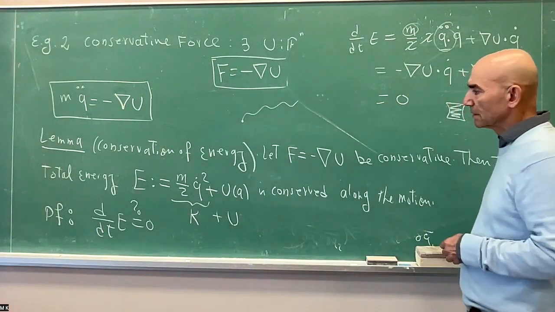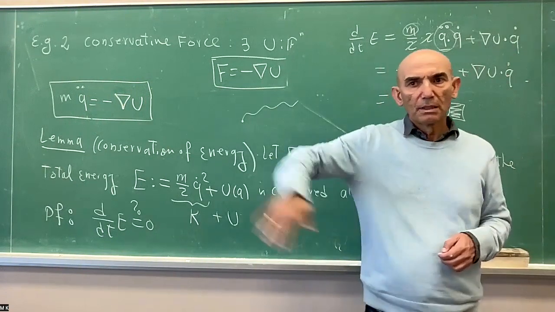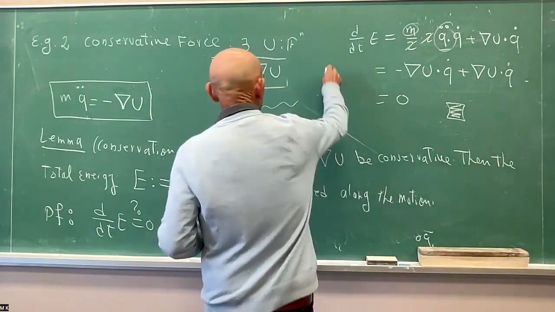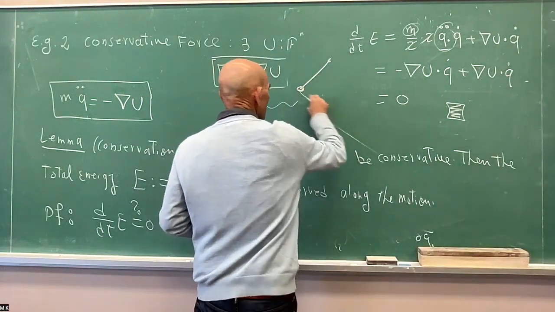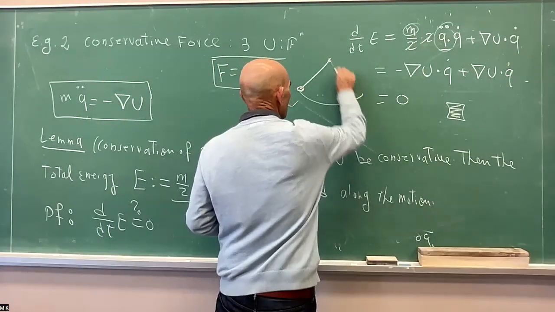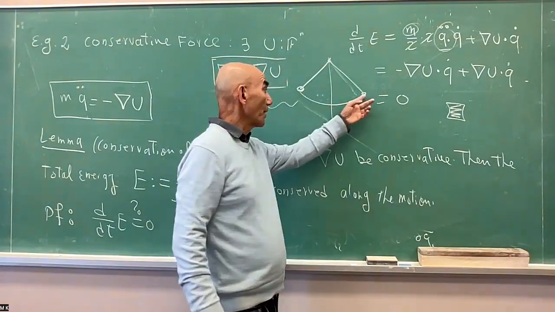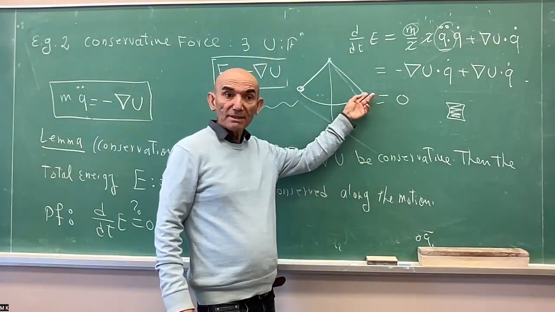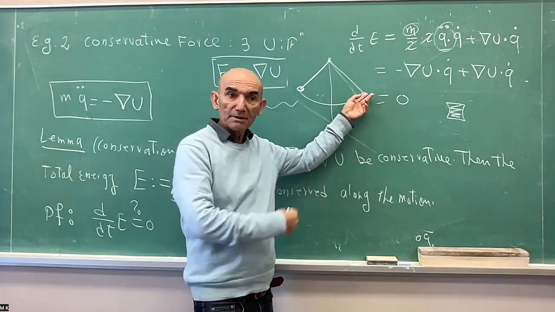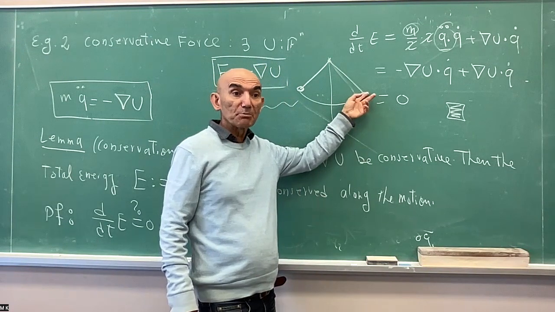In the simplest example of this, of course, you can see a pendulum. At this point, the velocity is zero because it has to come back, right? So the kinetic energy is absolutely zero, but the potential energy is maximum.